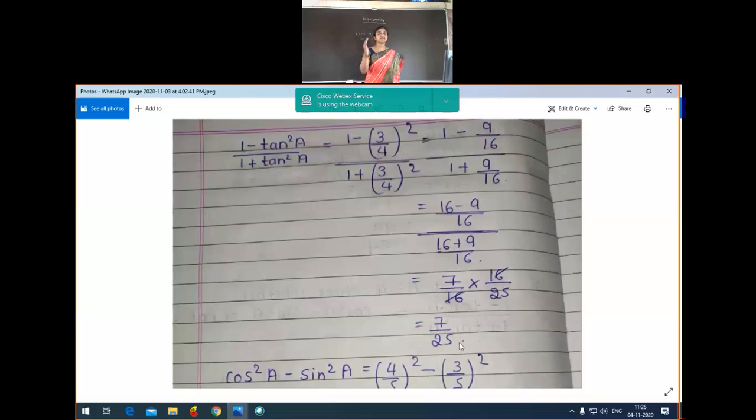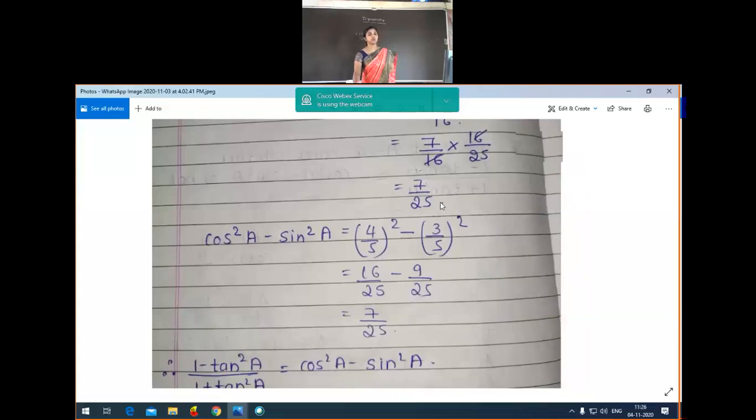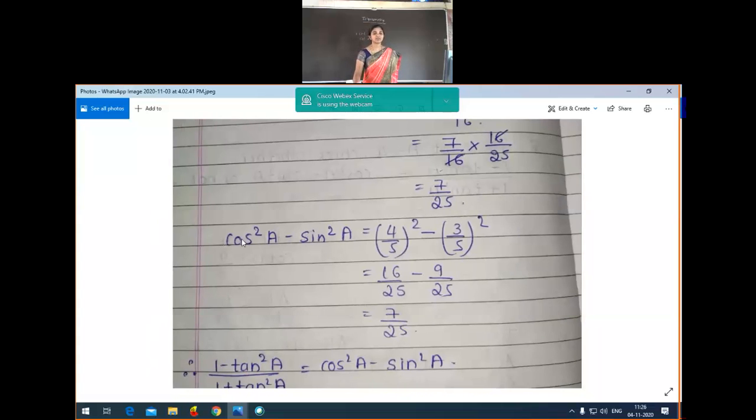Now we have to see the RHS part. If we get RHS also 7 by 25, then the given condition is true. See here, RHS is cos square A minus sin square A. Cos A is 4 by 5 whole square, minus sin square A, 3 by 5 whole square. Then 16 by 25 minus 9 by 25.